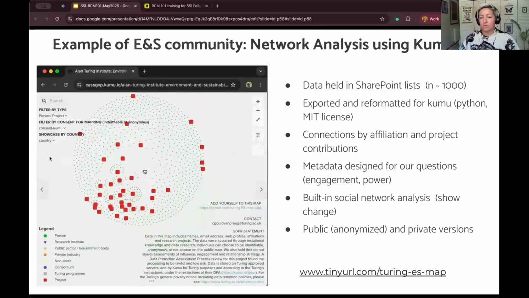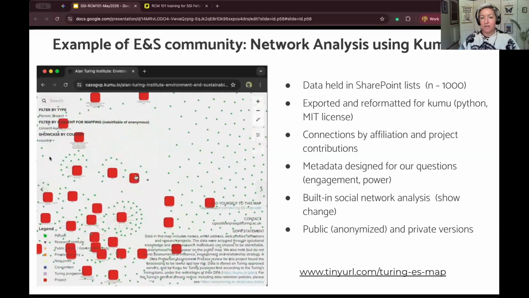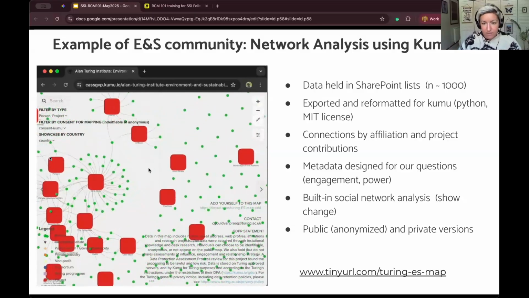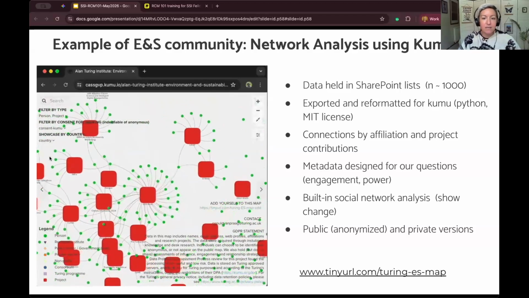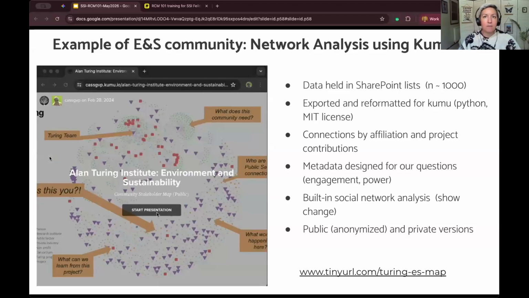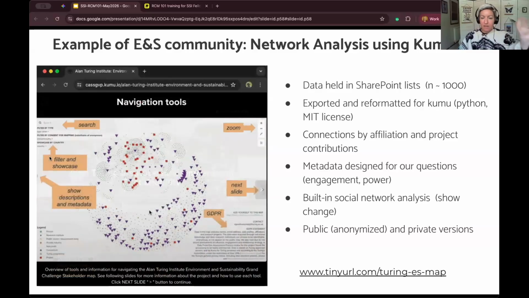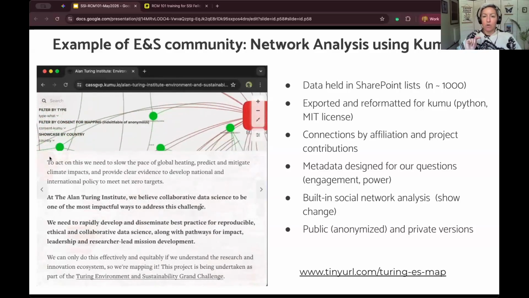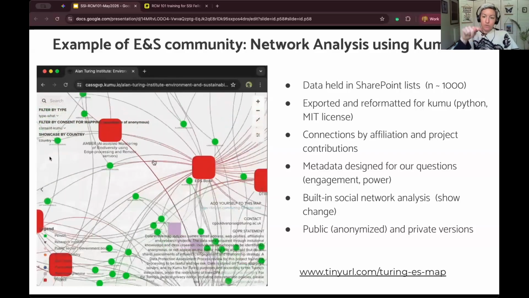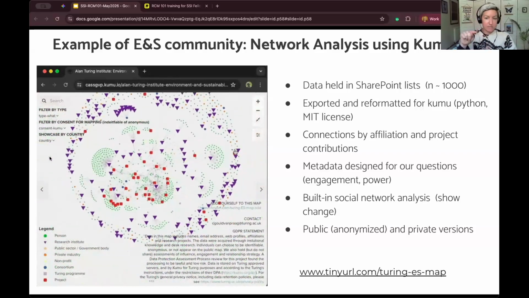And it was really useful to, for example, see where we had clusters of interest. So the red squares here are projects, and if I wanted to make a connection between person A and person B, I could look for where there were routes to connect them. For example, oh, this person at your institution is also working on this project. Why don't you speak to them?